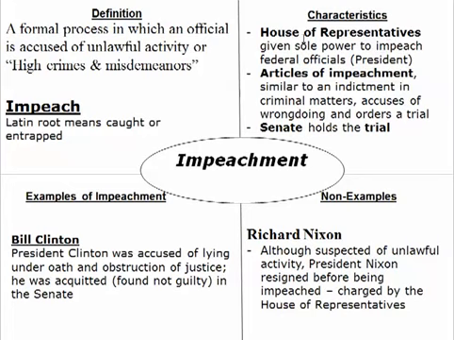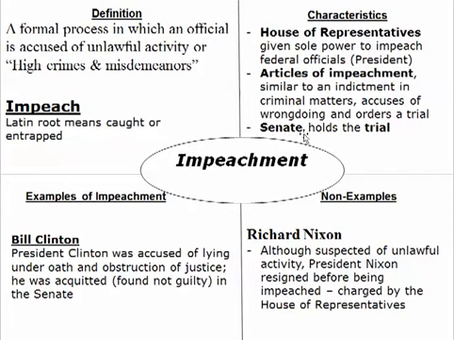So the impeachment proceedings must first originate in the House of Representatives, and then they will issue an article or articles, more than one, of impeachment, which are much like indictments in a criminal trial, that accuse the federal official or the President of the United States of wrongdoing, of criminal activity or high crimes and misdemeanors. Then this impeachment will order a trial. And then, according to the Constitution, the trial where the president or other federal official will be tried, found guilty or not guilty, will be in the Senate.